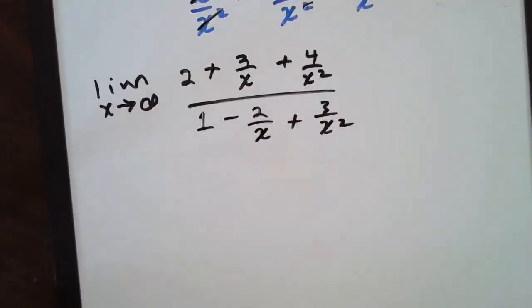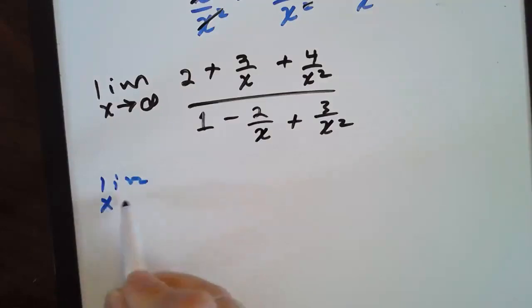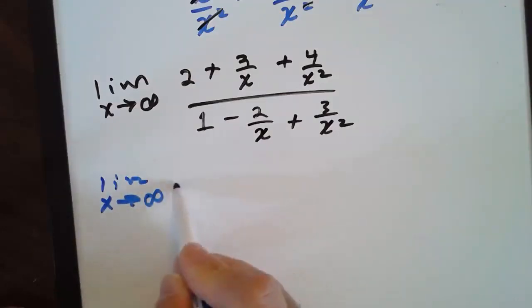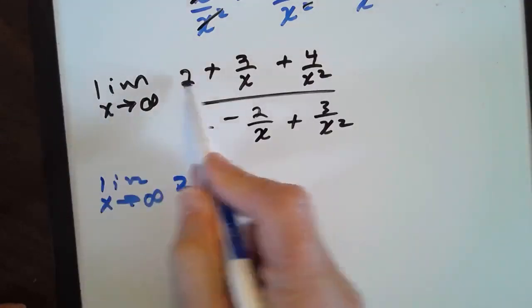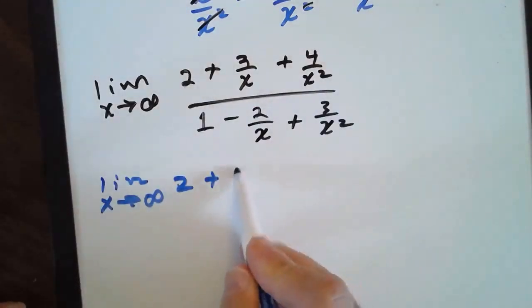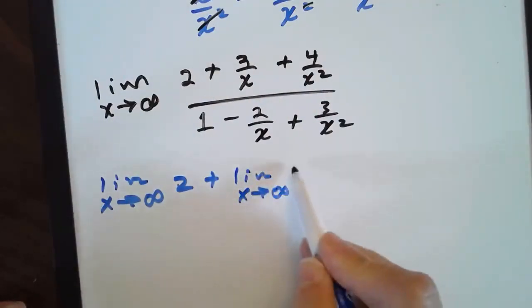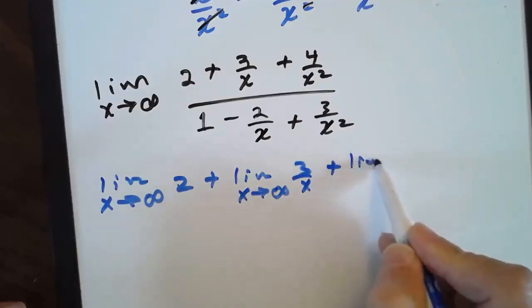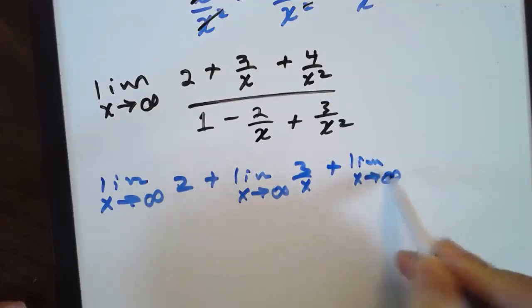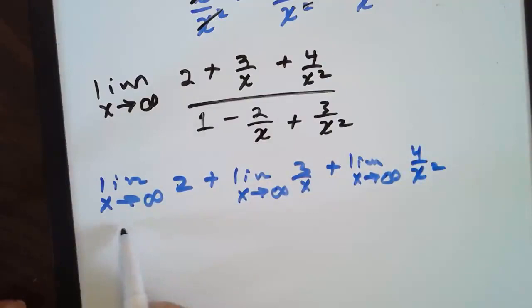So what we do here is, you can say the limit as x tends to infinity of 2 plus, and now we're going to put the limit on each one of these: the limit as x tends towards infinity of 3 over x, plus the limit as x tends towards infinity of 4 over x squared.